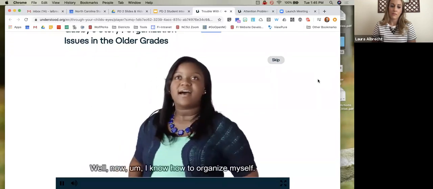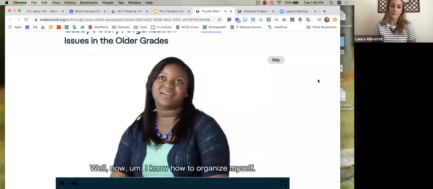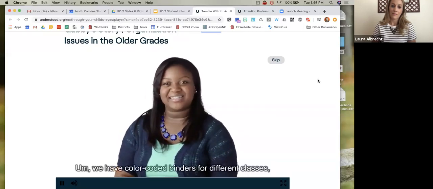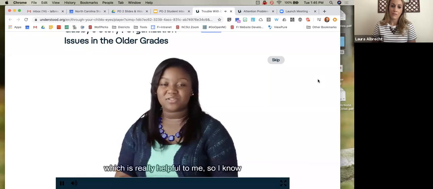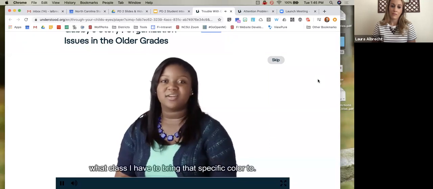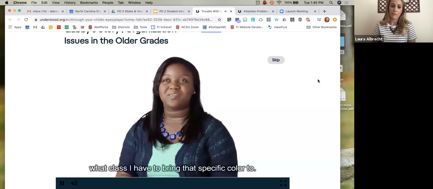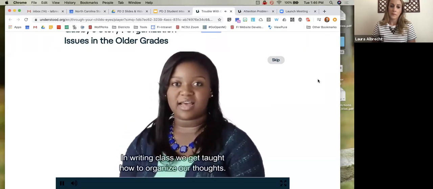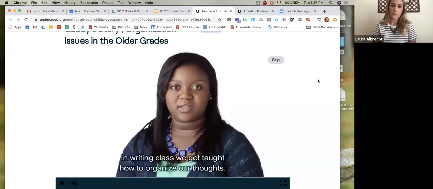Well, now I know how to organize myself. We have color-coded binders for different classes, which is really helpful to me, so I know what class I have to bring that specific color to. In writing class, we get taught how to organize our thoughts.